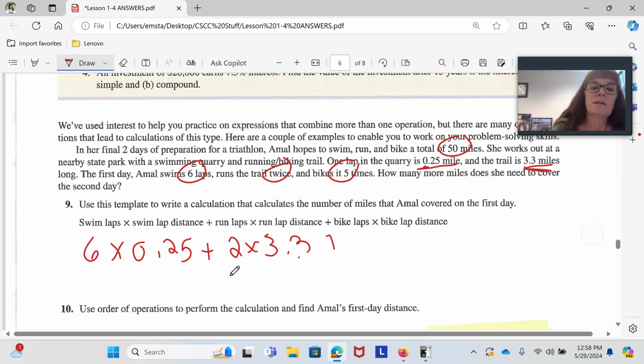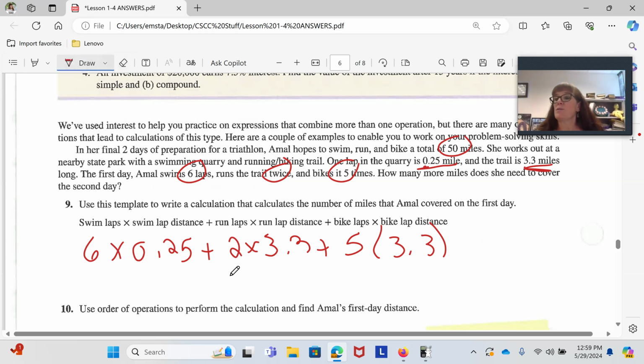And then she biked it 5 times, and that was also 3.3. Fix my plus sign there because I was looking at it thinking it was a 7. So that's the setup.